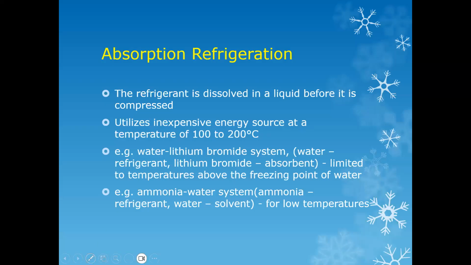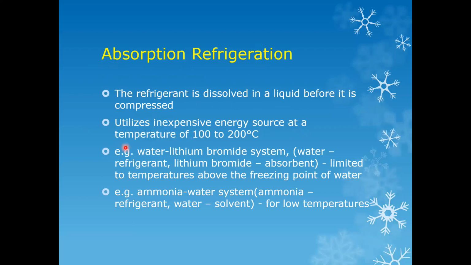Hello, class. Before we proceed with the next sample problem, I skipped this slide during the lecture, and it's on absorption refrigeration. Basically, in absorption refrigeration, the refrigerant is dissolved in a liquid before it's compressed, and it utilizes an inexpensive energy source.